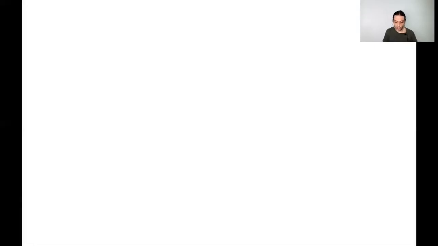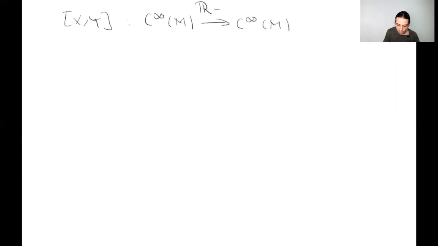Something that we can notice is that XY is obviously a map from C-infinity functions to C-infinity functions, and it is obviously linear because X and Y are linear. But what is not completely obvious is that it is a derivation. This is just some calculation, okay? I'm going to leave that exercise to you.